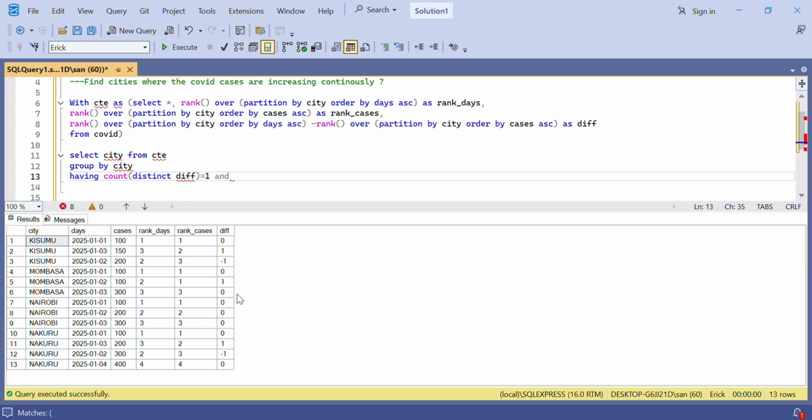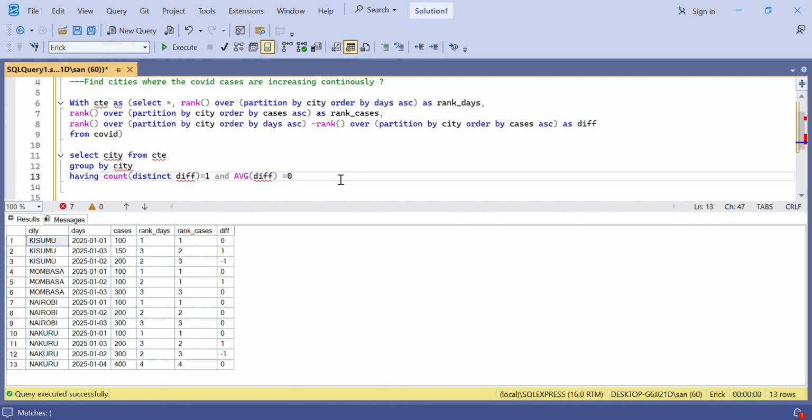So we can put average diff equals 0. This will help us get the city where the COVID-19 cases were increasing continuously.